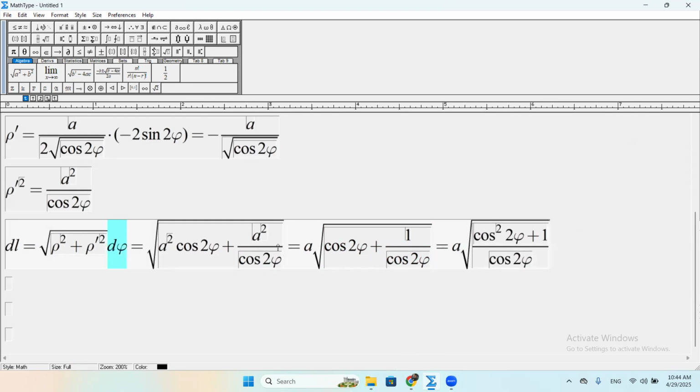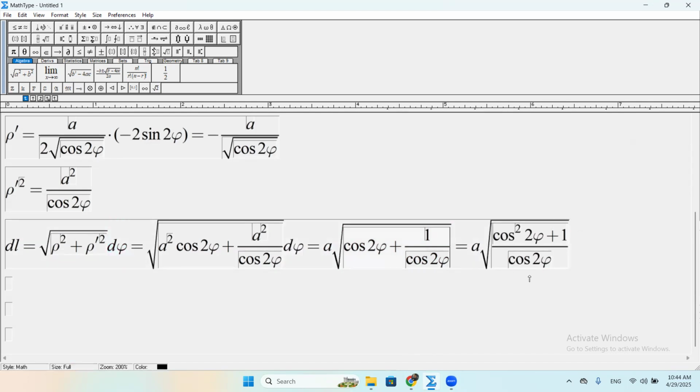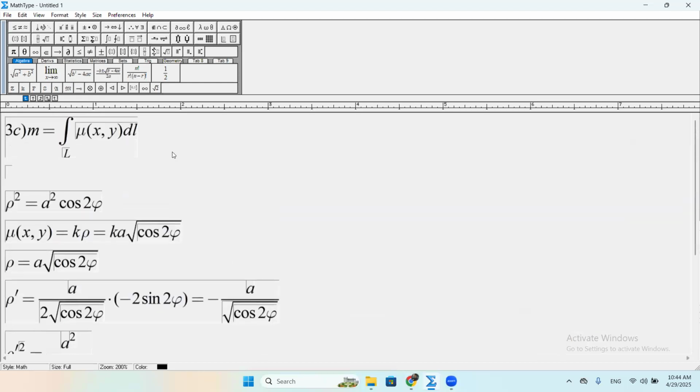Yeah, and I lost d phi everywhere. It is not a good idea to lose it. Okay, let's leave it for now, and we will see how to simplify it in the integral.